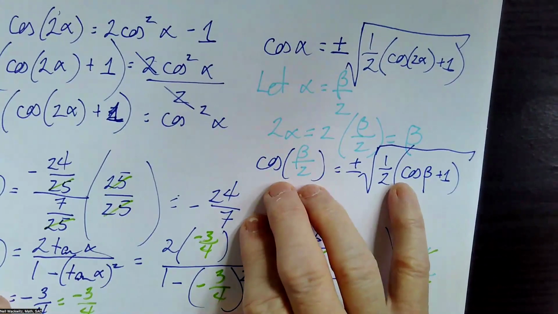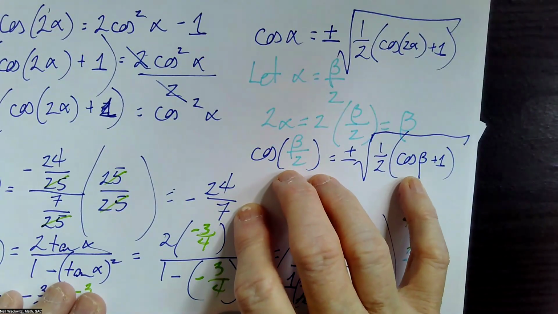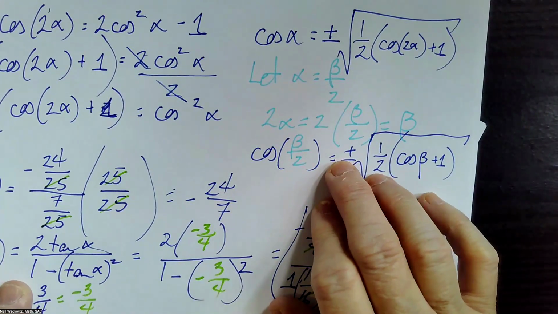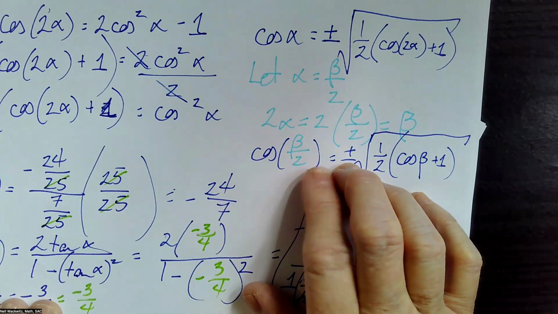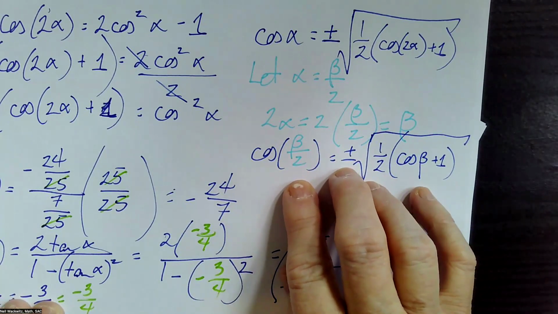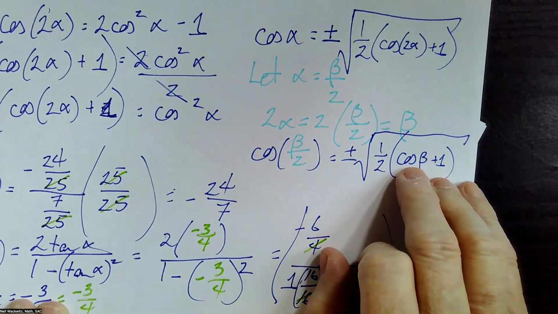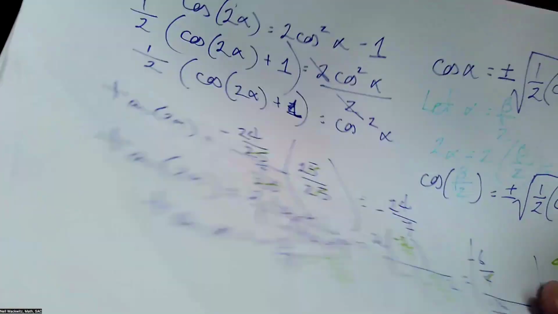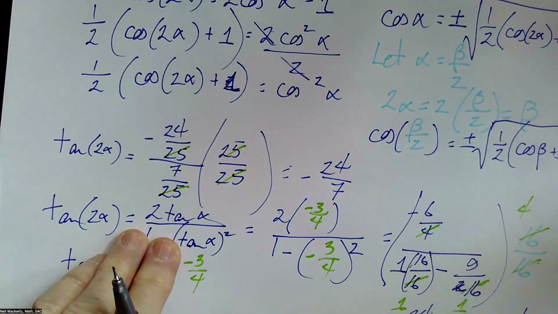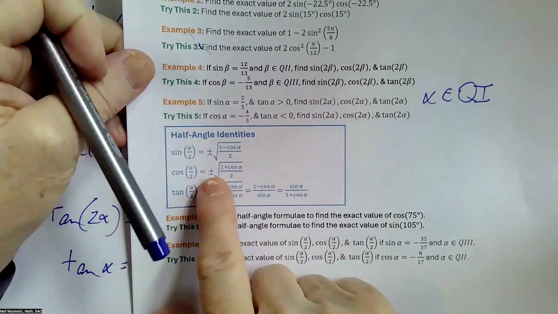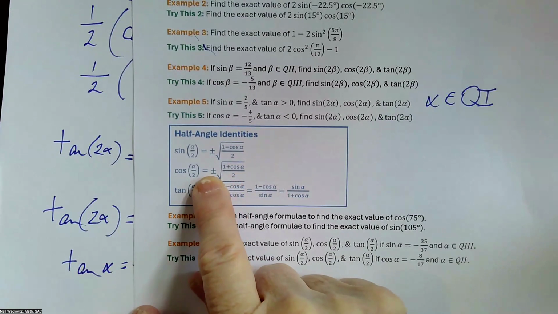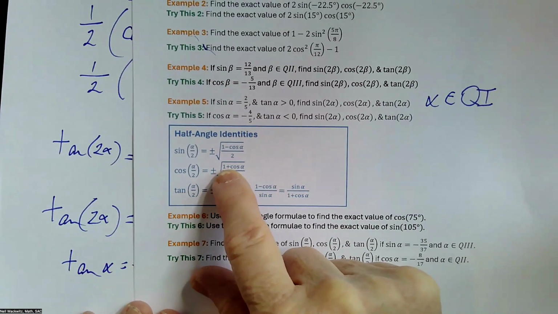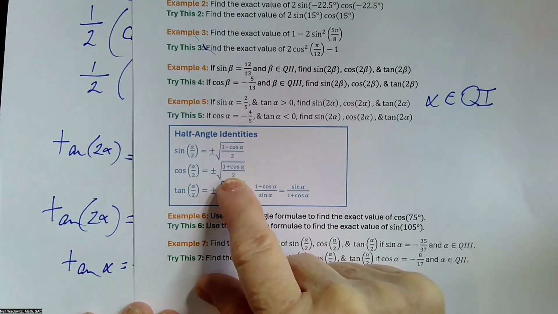So the formula for the cosine of beta over 2 is going to be plus or minus, and that depends on the quadrant of beta over 2, 1/2 times the cosine beta plus 1. And we can see that that is indeed the formula: plus or minus the square root of 1 plus cosine alpha over 2.